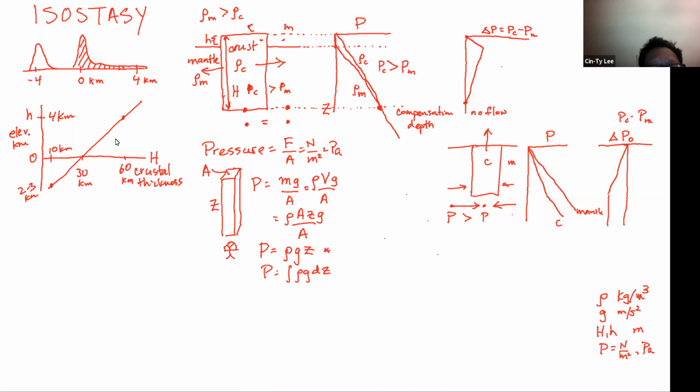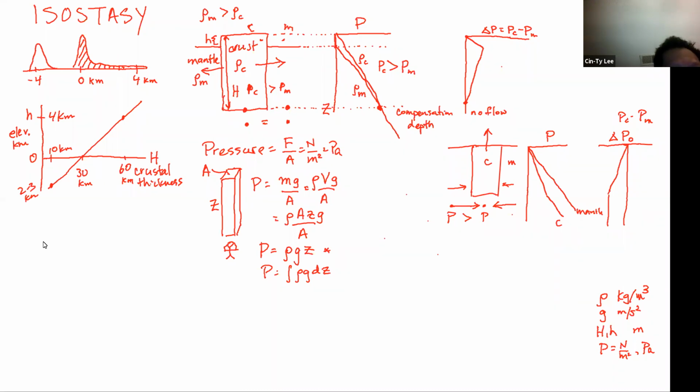Okay, so let's go back to this compensation depth here, and let's try to calculate then what the elevation is and how that correlates with crustal thickness. So what you do is you calculate the pressure at the base, at every point laterally beneath, at the compensation depth, and they would have to be equal.